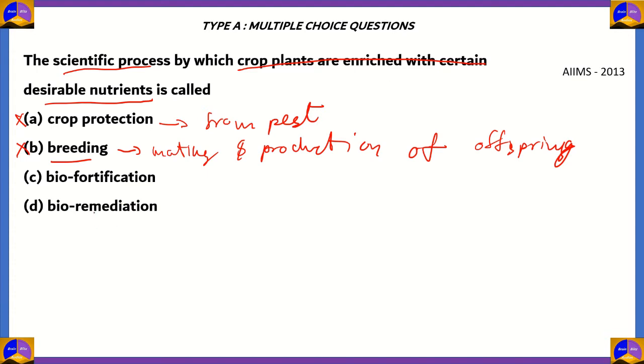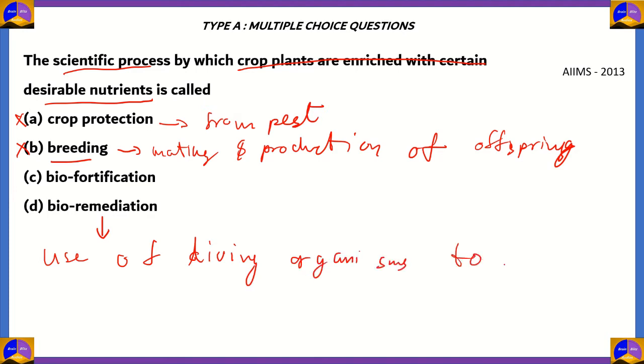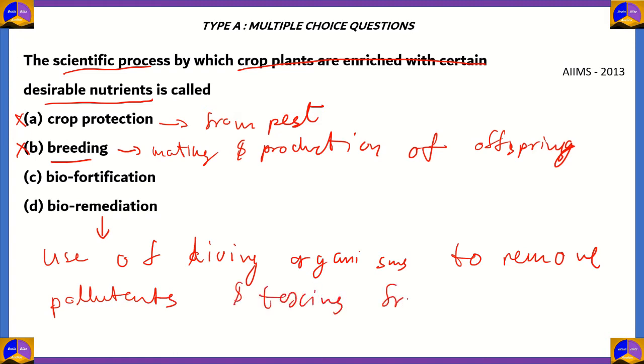If you look at option D, that is bioremediation, well, the actual meaning of the word bioremediation is the use of living organisms to remove pollutants and toxins from the environment.